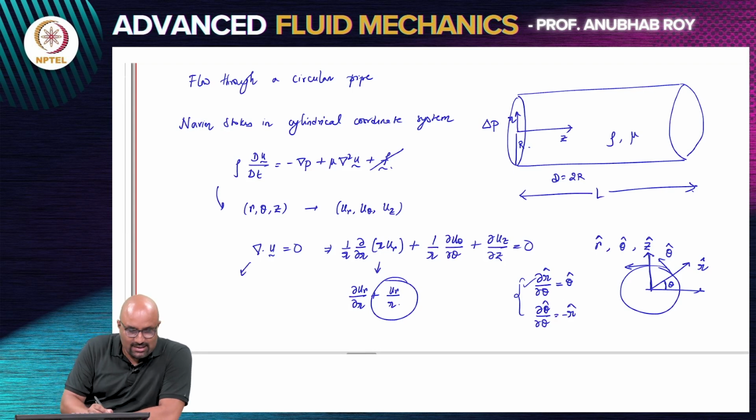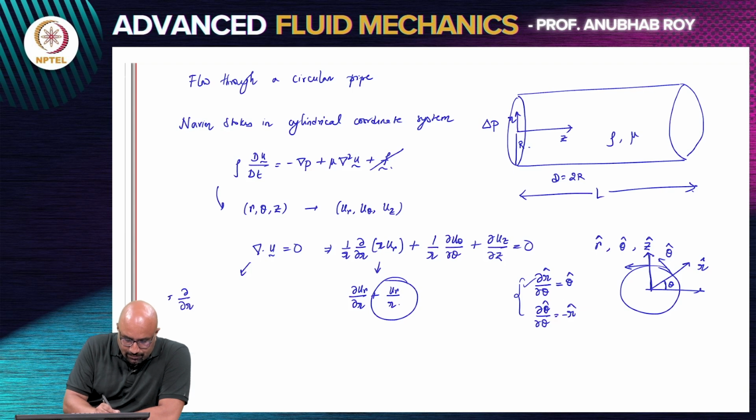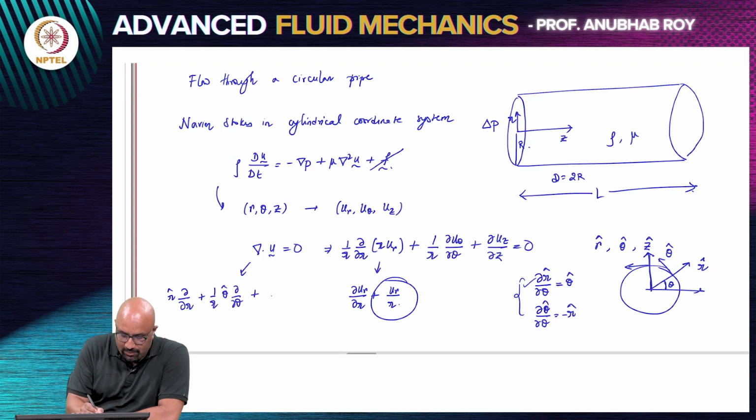to remember this del, which was actually r cap ∂r plus 1 by r θ cap ∂θ plus z cap ∂z, is now being dotted with ur r cap, uθ θ cap, uz z cap.